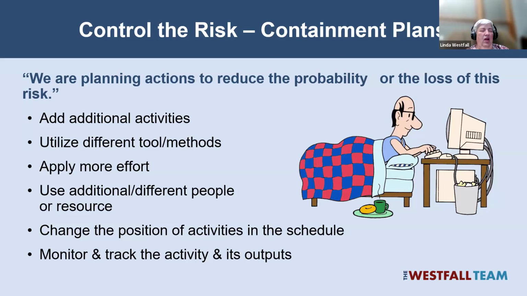For example, if there's the risk I mentioned of the test bed being late, we can move the utilization of the test bed later in the life cycle by doing tests that require the simulator first while we have time for the test bed to come in. Or we can just add monitoring and tracking activities.